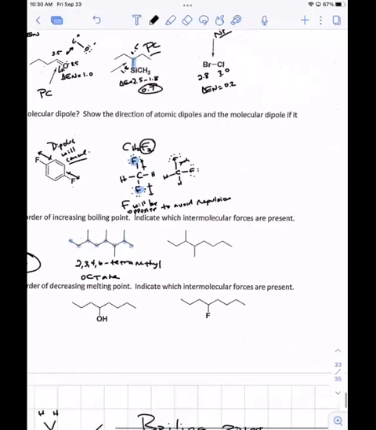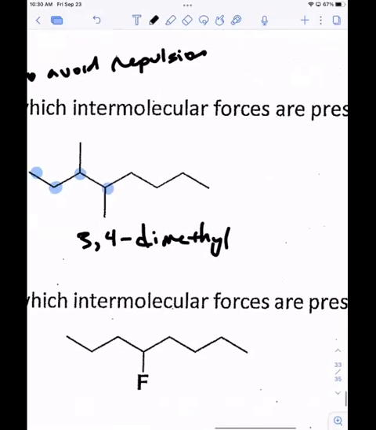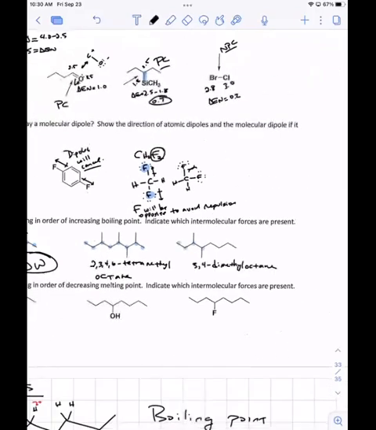And then somebody look up the boiling point for 3,4-dimethyloctane. And based on that data, we're going to compare the boiling points, and we're going to use that to explain why one is higher than the other or lower than the other, so on and so forth.